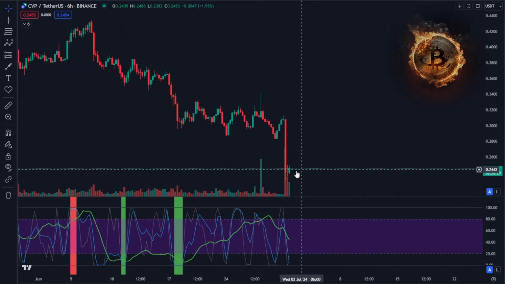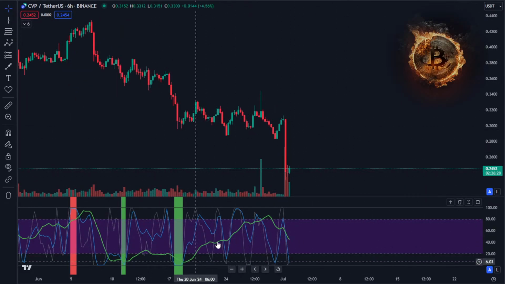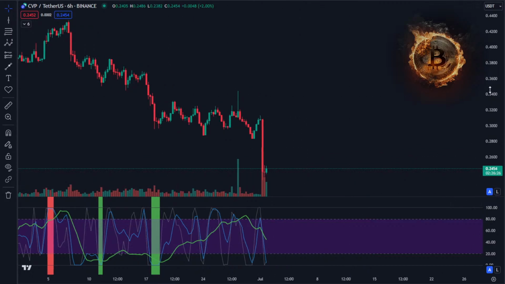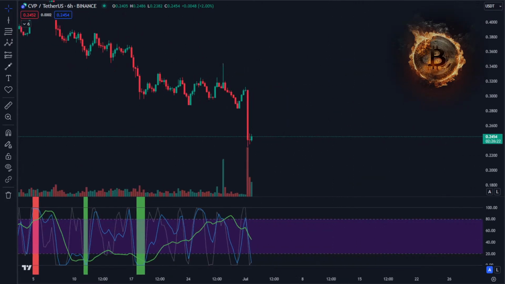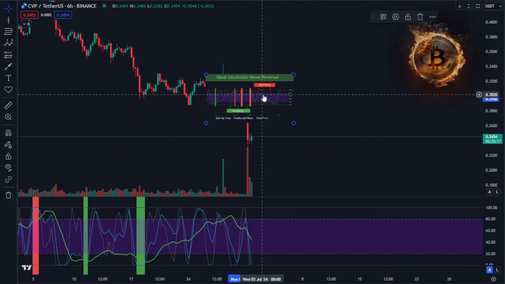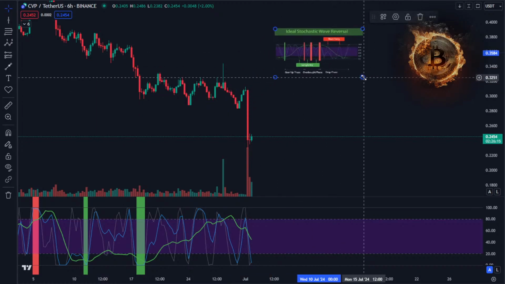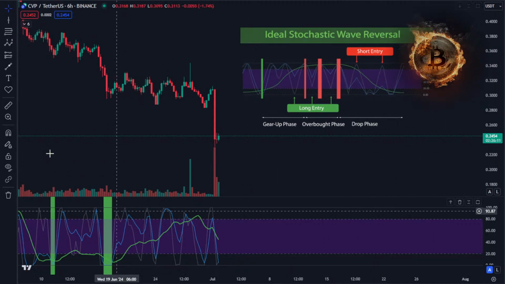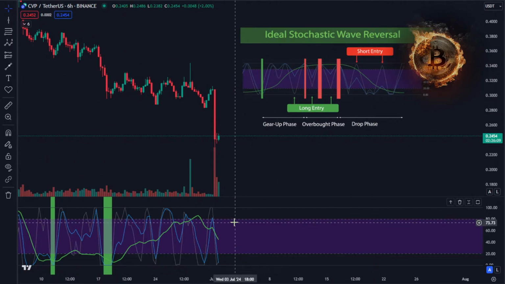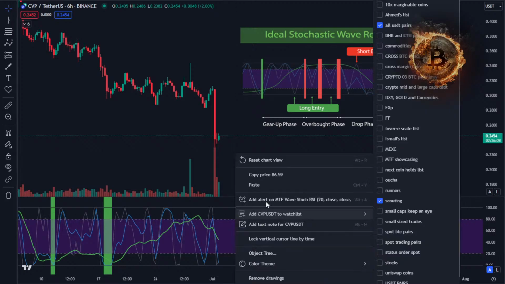Why wouldn't I touch this one? Because when you look at the same time frame that we were looking at, because they're kind of moving together, you see this current MTF wave here that is in the drop down phase. So I would just short it at the next step up.